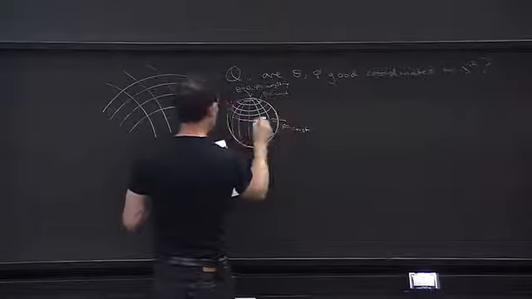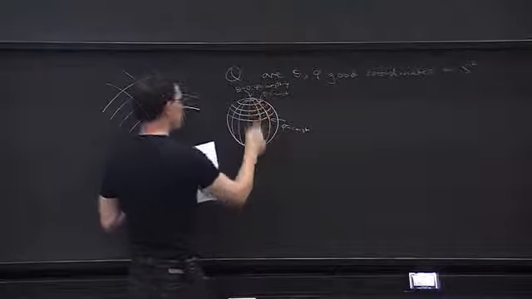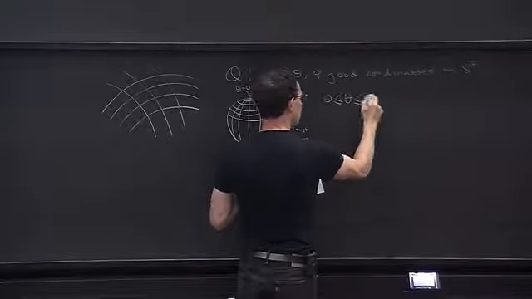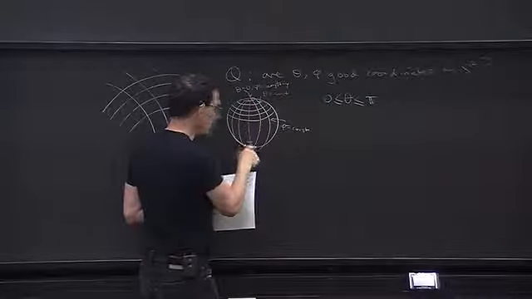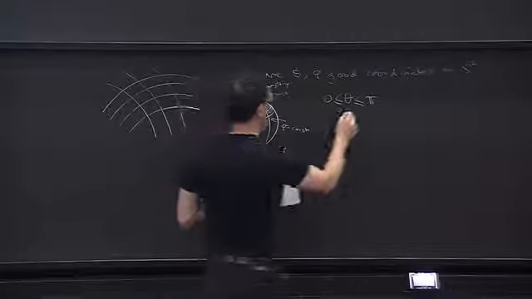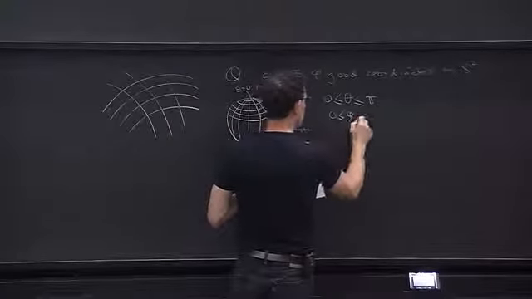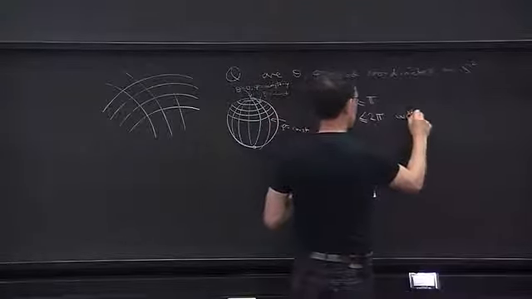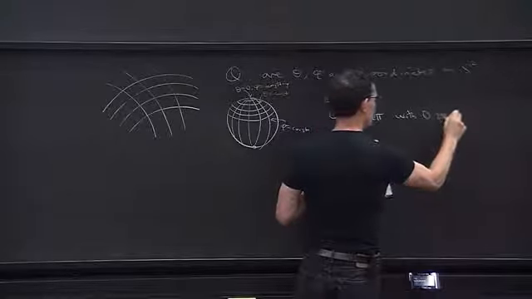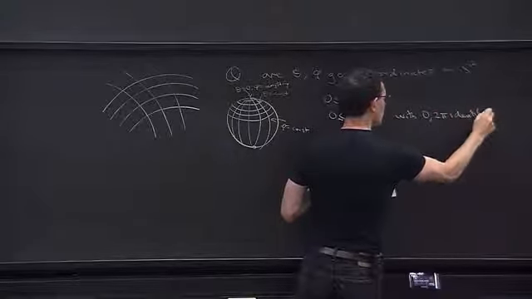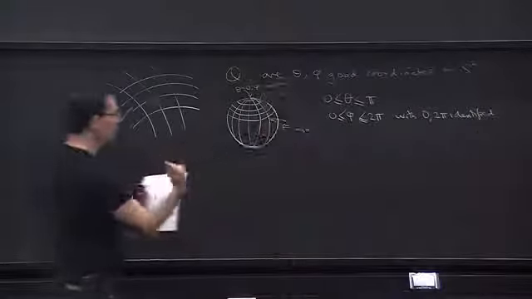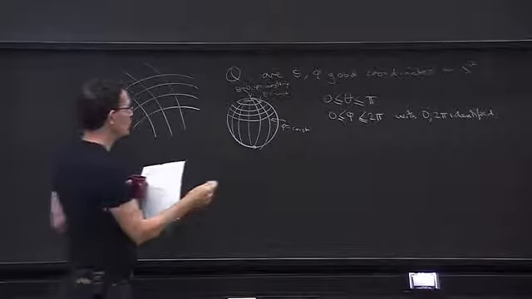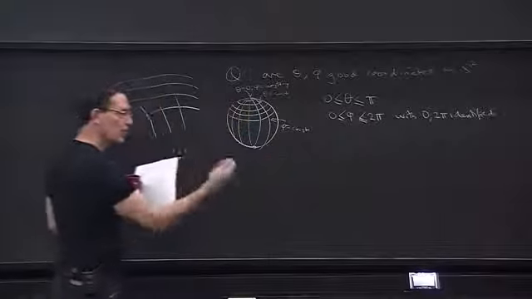Just to be more precise, obviously theta goes from 0 to pi. Theta equals 0 is the North Pole, theta equals pi is the South Pole. And phi goes from 0 to 2 pi with 0 and 2 pi identified, because phi equals 0 and phi equals 2 pi is the same point. So that's okay. You can have coordinates defined on a compact space, a circle.